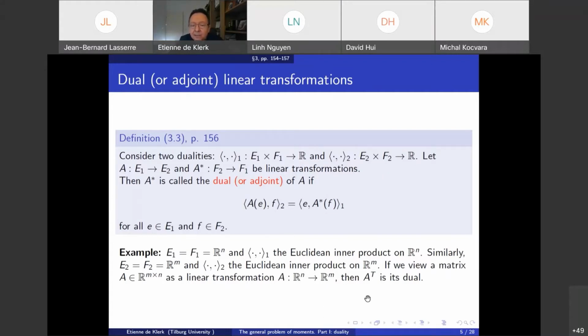Then the linear operator associated with the transpose of this matrix is going to be its dual operator. This is just something to make this abstract definition a bit more concrete.